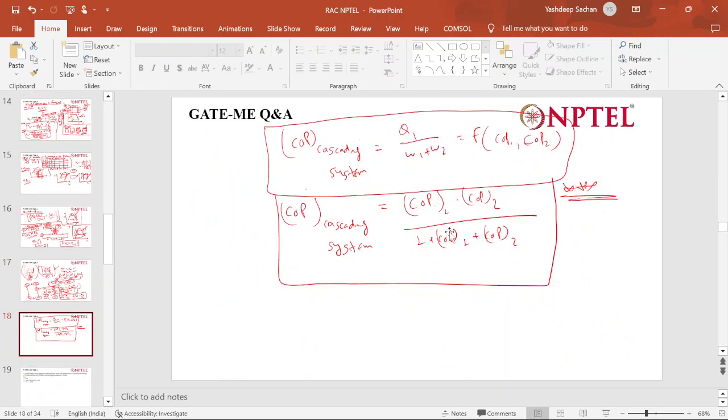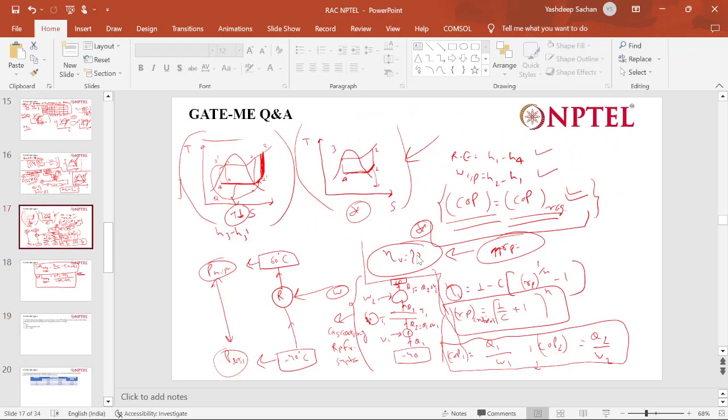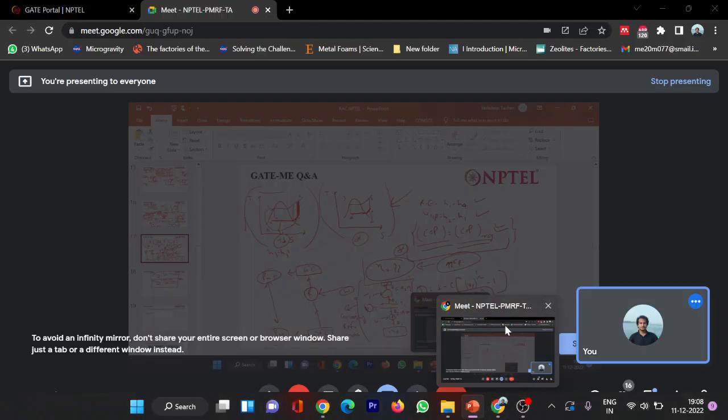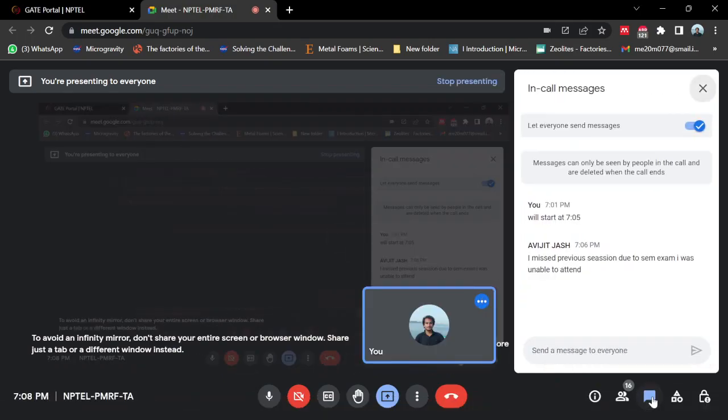This is the formula for the overall COP of the cascade system in terms of the COP of the individual systems. If anyone has any doubt from the last class, quickly ask, then we will switch to problems. If no one has any doubt, we will switch to the problem.